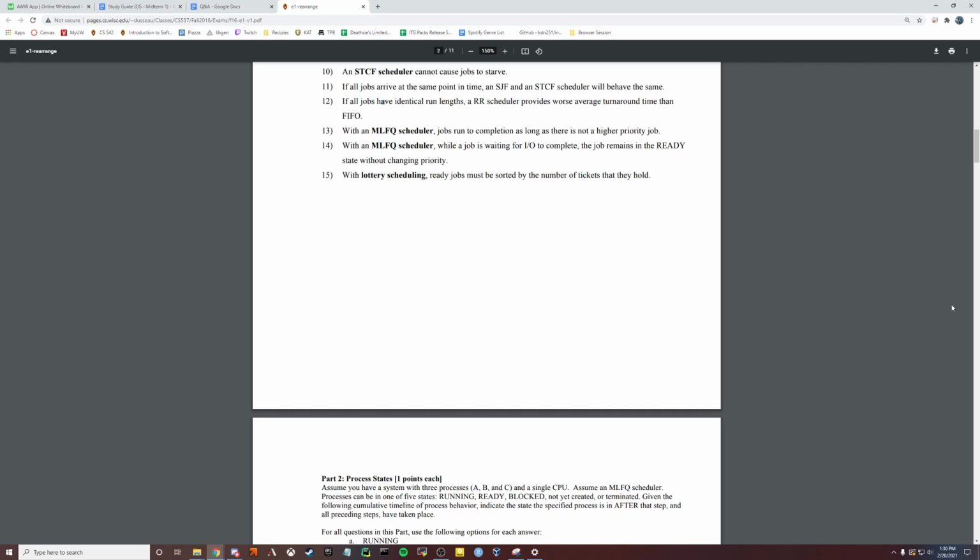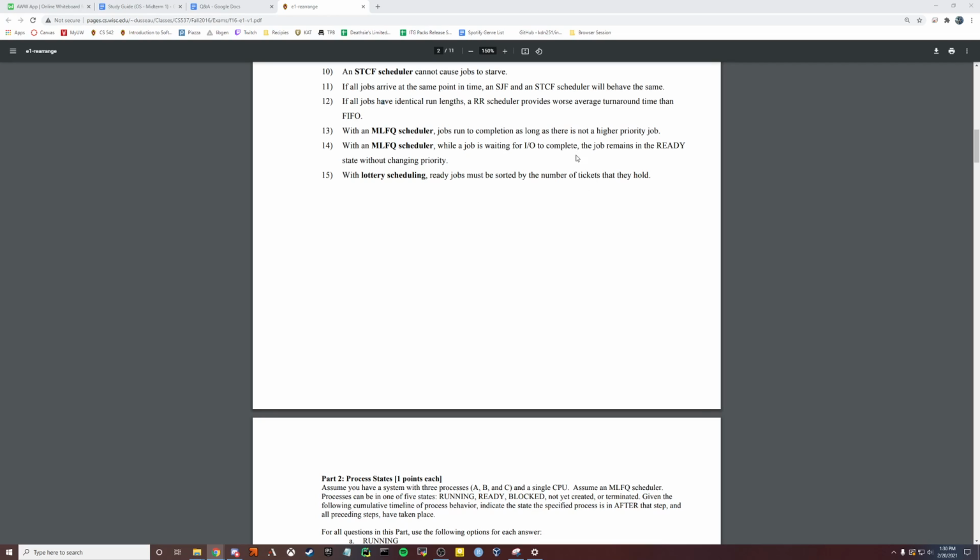With an MLFQ, I don't know that one. Multi-level feedback queue scheduler: jobs run to completion as long as there is not a higher priority job. I believe that's true, right? I think it's false because they round robin if they're at the same level.